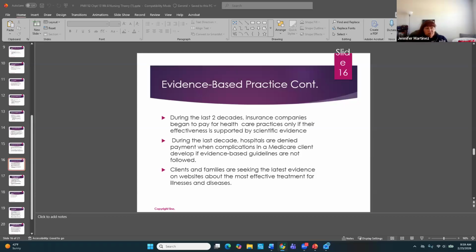Clients and families also are seeking the latest evidence on websites about the most effective treatment for illnesses and diseases, right? So the World Wide Web is a great resource. You can basically find anything you're looking for on the internet. More and more people are doing their own research and identifying what the best options are for their care.